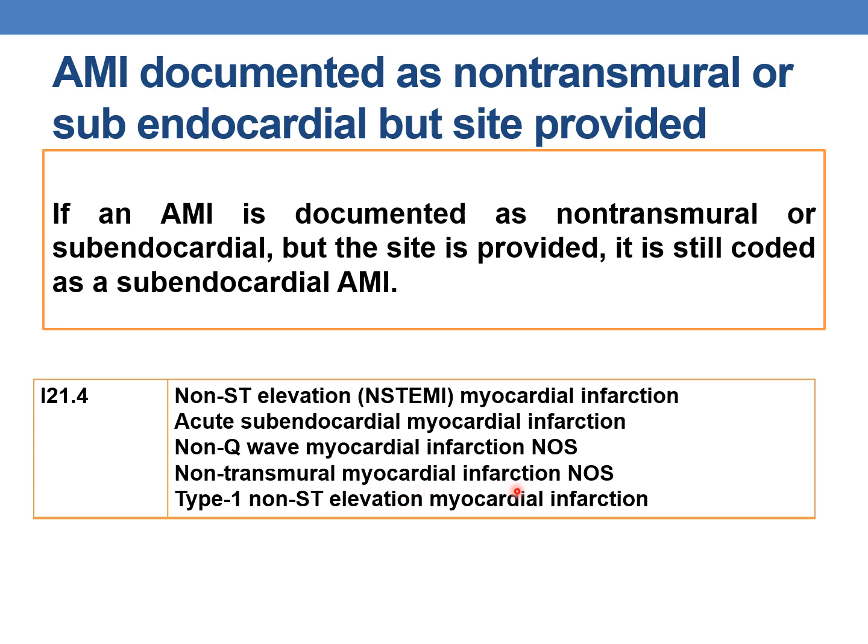Even if the site is not provided, you need to code I21.4. According to the guideline, even if the site is provided, it must still be coded as subendocardial myocardial infarction only. Whether the site is provided or not, whenever the physician documents AMI, acute myocardial infarction, as non-transmural or subendocardial, the default code is I21.4.